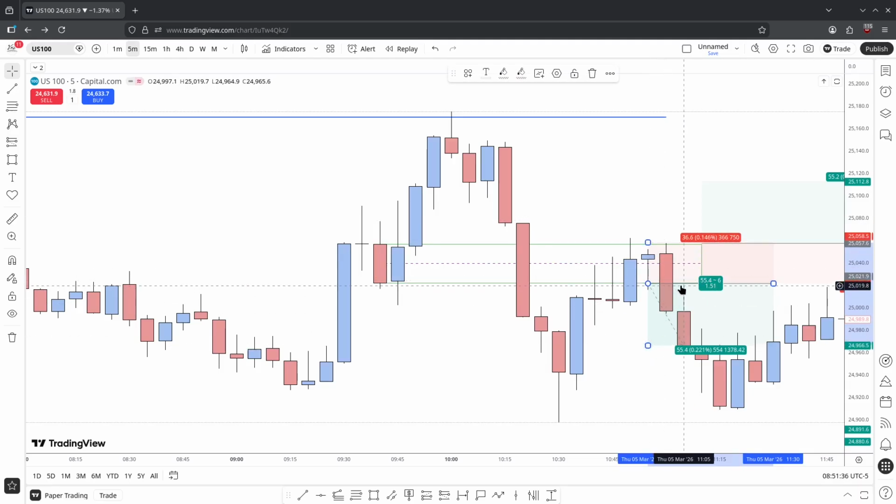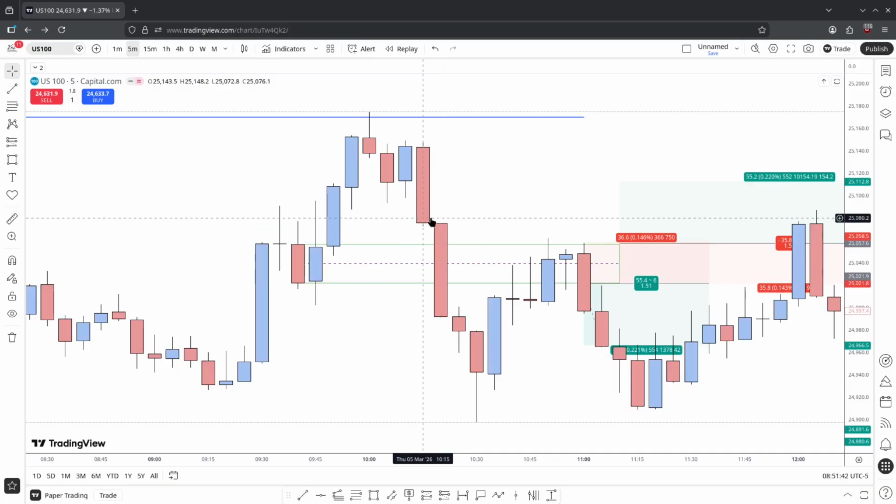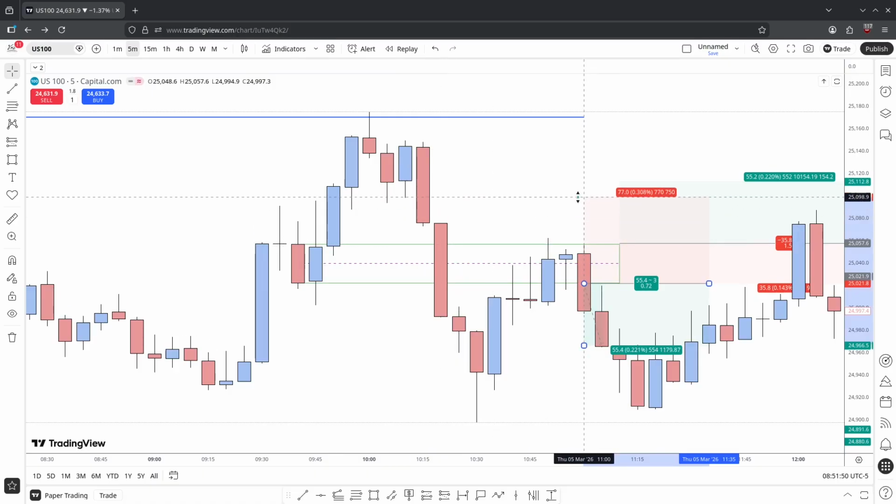So 11 o'clock. You would come in as soon as this candle starts trading lower. Ideally, I would place the stop above this. We have two fair value gaps and a breaker block. So ideally up here, but the stop is going to be too big. What's the stop there? 21. It's too big.